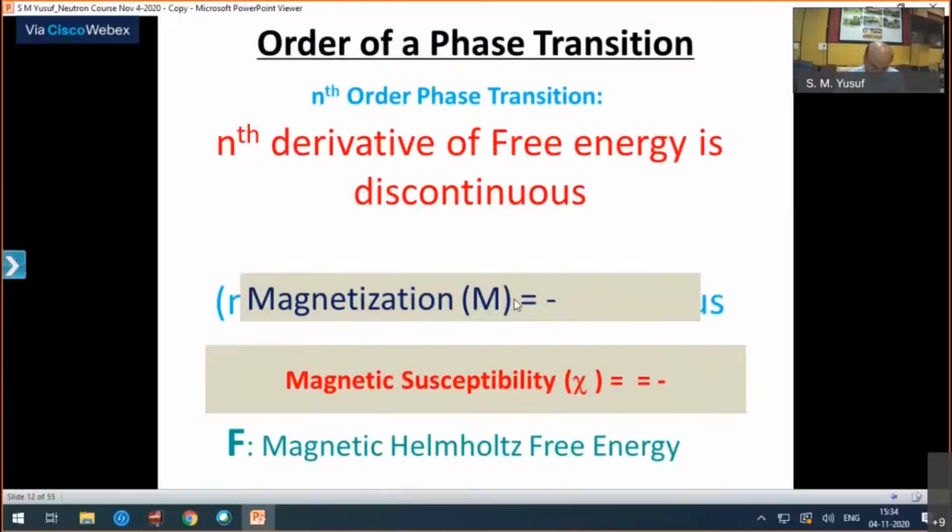This could be of different types. There can be first order phase transition, second order phase transition. But quite often you see magnetic transitions of second order in nature. Of course, there are a few cases where you can have first order magnetic phase transition. So the order of the phase transition depends upon the derivative of the free energy. If the nth derivative is discontinuous and the (n minus 1)th derivative is continuous, then it is called nth order phase transition.